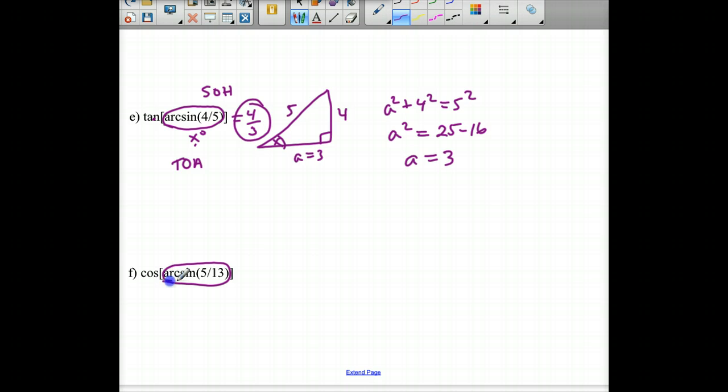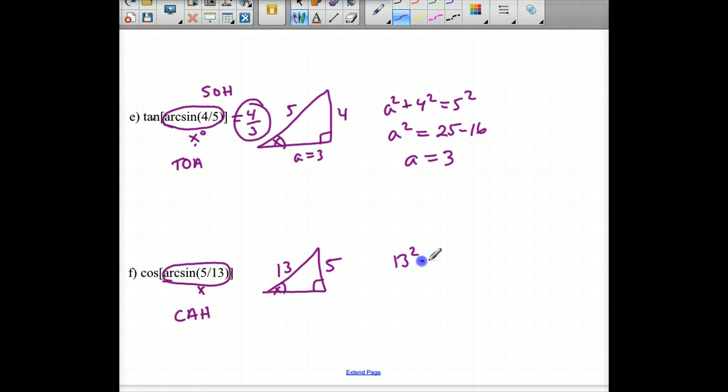Arc sine 5 over 13. Sine is opposite over hypotenuse. I want cosine of that angle. That's that angle. Cosine is adjacent over hypotenuse, so I need this side.